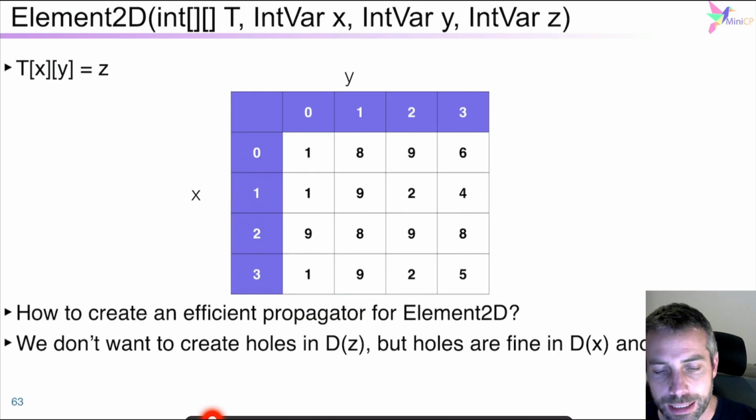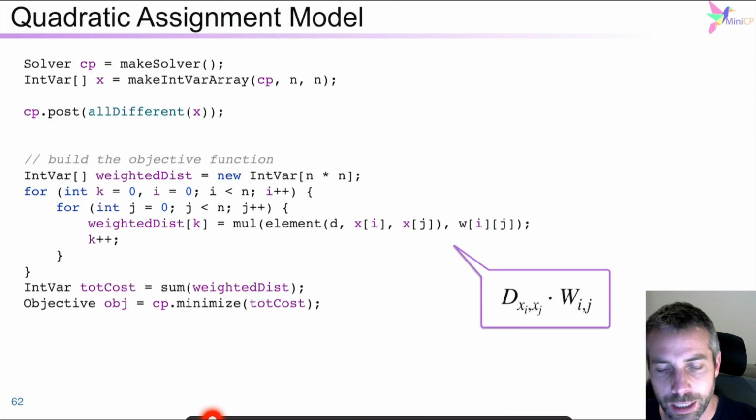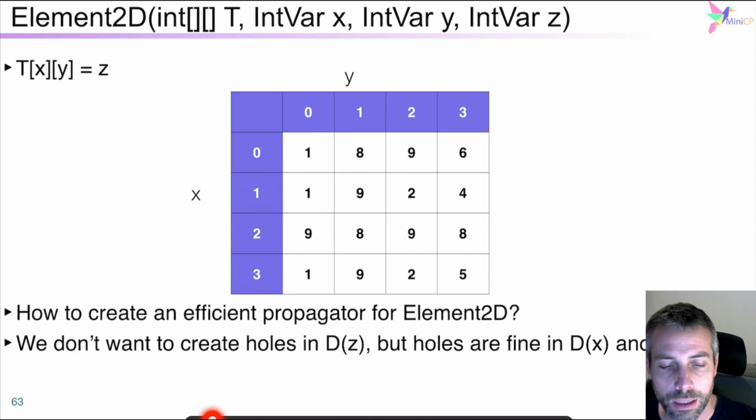So the variable z will eventually be added in the sum constraint, and on a sum constraint, as you know, we can only perform bound consistency. So it's not very interesting to create holes in the domain of z, but it's interesting to create them in the middle of x and y, because these are involved in an all different constraint, and we can use that to filter the all different constraint.